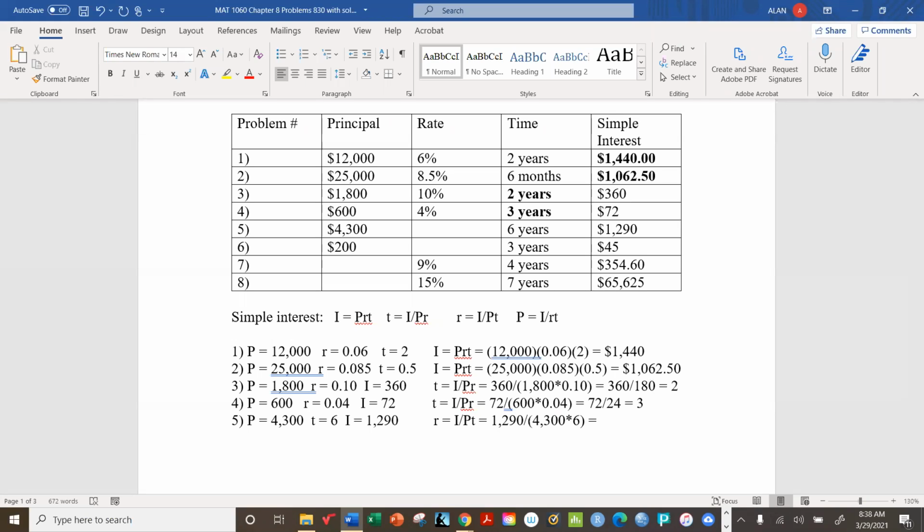And so let's see what that is. 1290 over 25,800, which is, let's see, 5%.